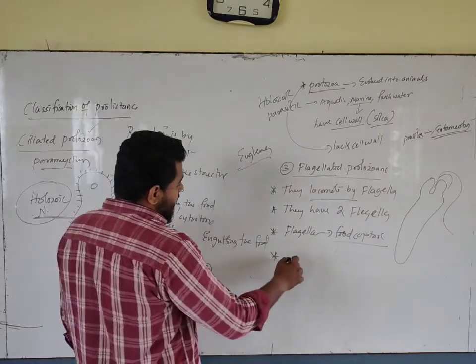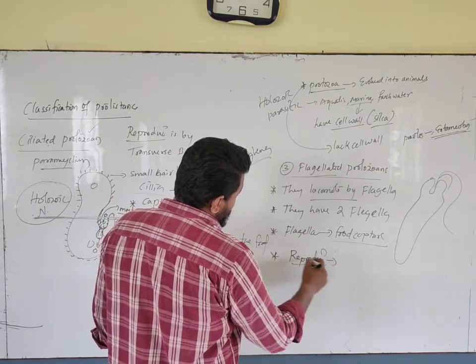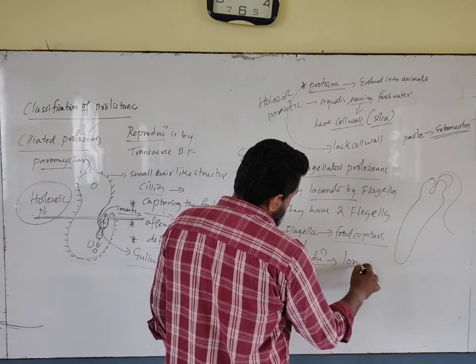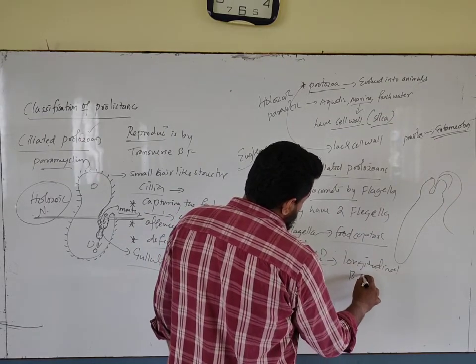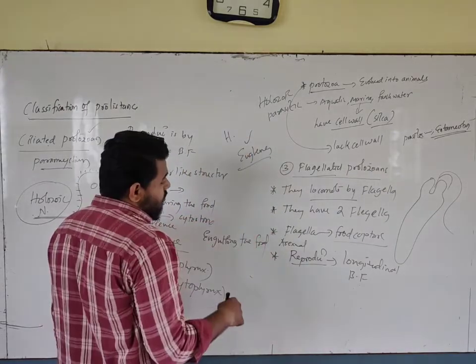Okay, next, they reproduce by asexual reproduction, longitudinal binary fission. So Euglena shows holozoic nutrition.